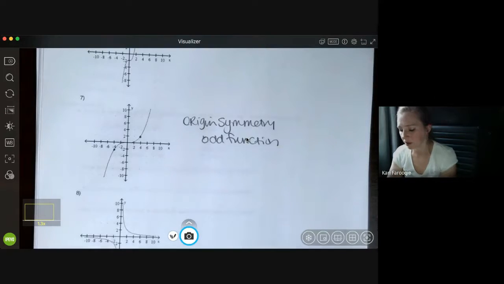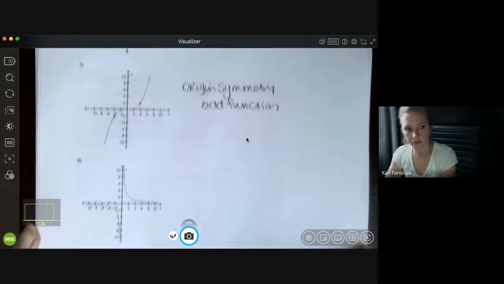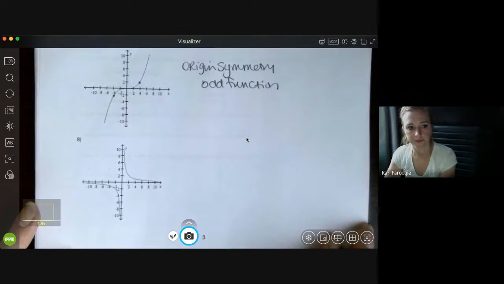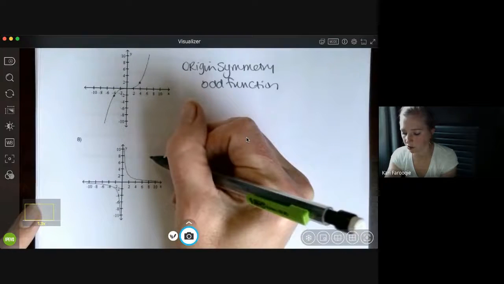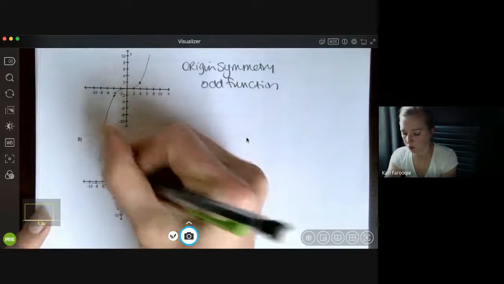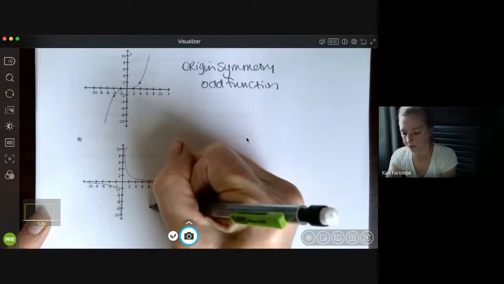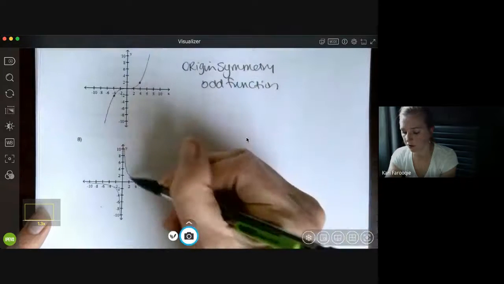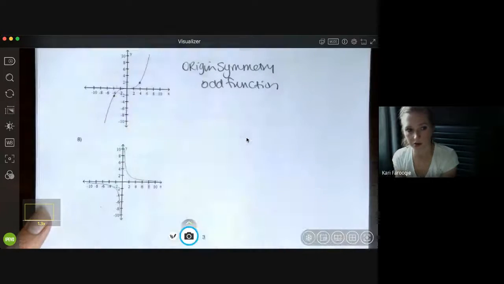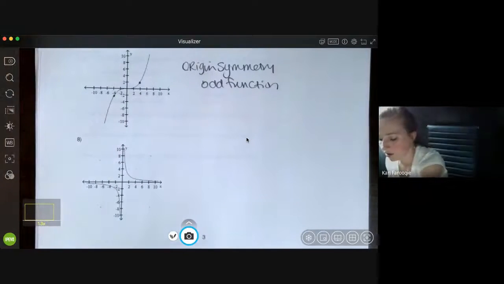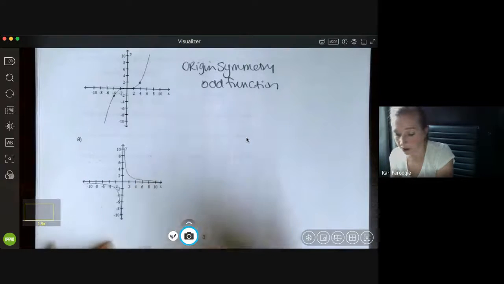Okay. Number 8. If you don't remember your quadrants, you've got quadrants 1, 2, 3, and 4. It looks like you've got part of your graph appearing in quadrant 1 and another part appearing in quadrant 3. It's definitely not even. You don't have y-axis symmetry.